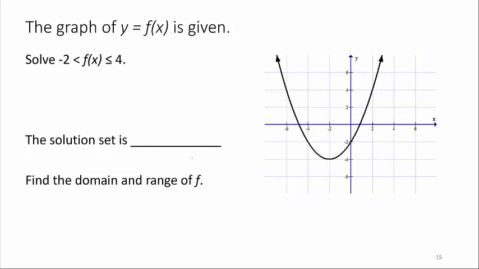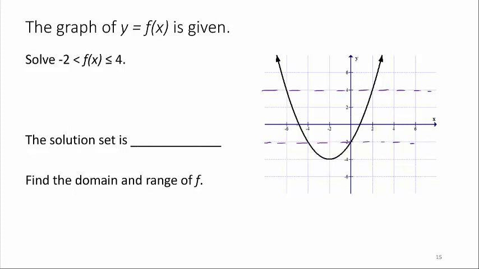Now it's saying solve -2 less than f of x less than or equal to 4. So again, I'm going to put little horizontal lines here at -2 and then also up here at 4. And I want the stuff that's between there. So we're saying f of x is between -2 and 4.